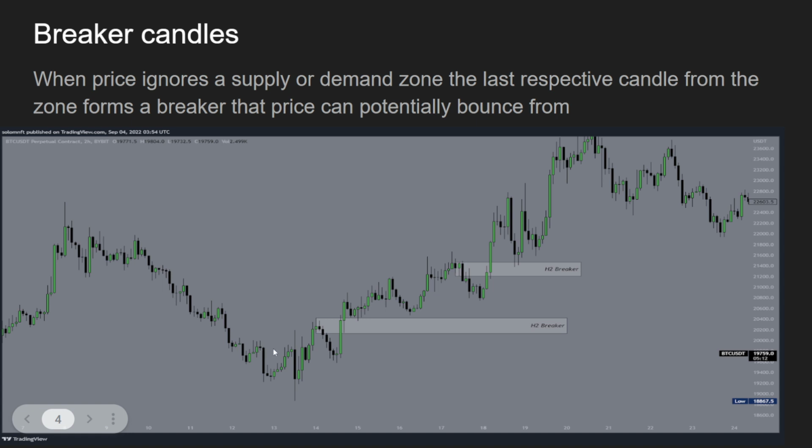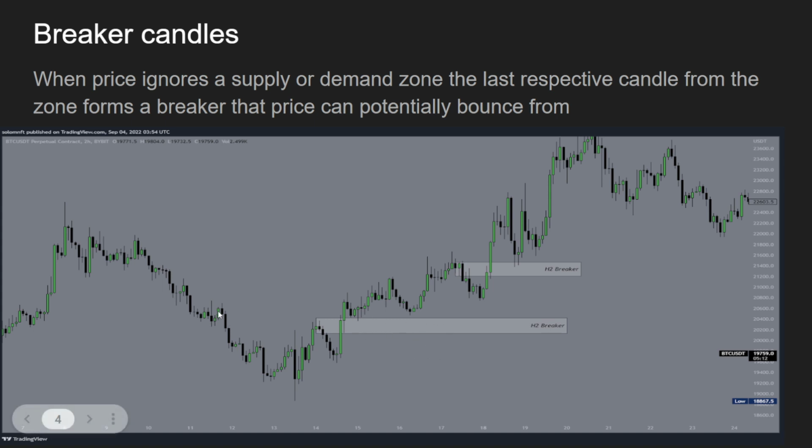But if price comes up and tests a supply zone and it gets tested over and over and over, usually that candle will not be a breaker. The candle that broke through the previous supply would create a demand zone, and that's more often your actual demand. That'll be more of your entry.